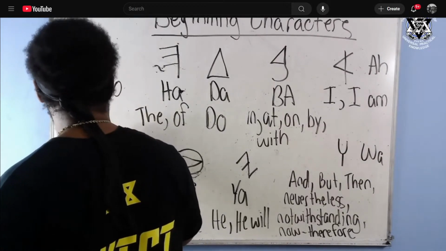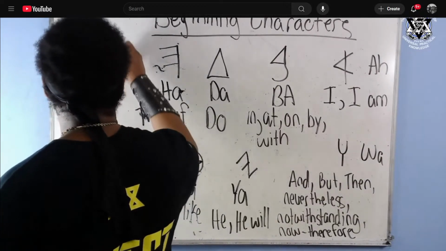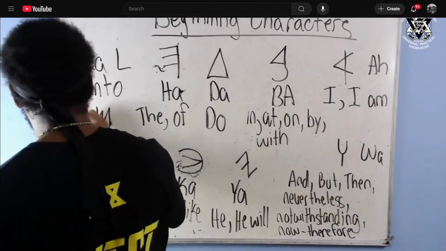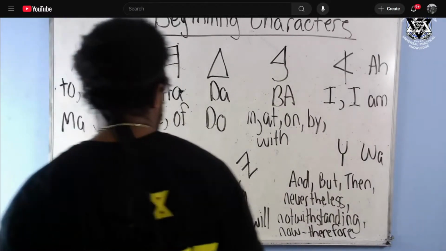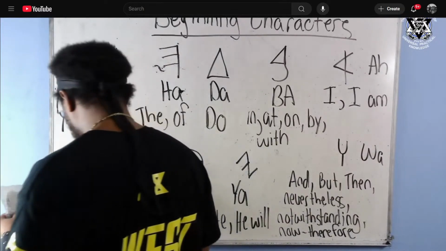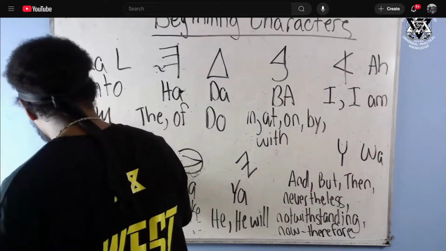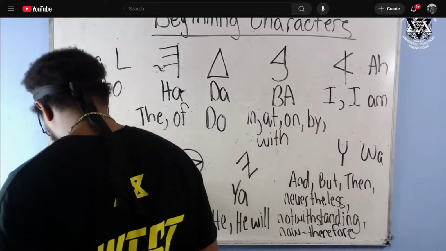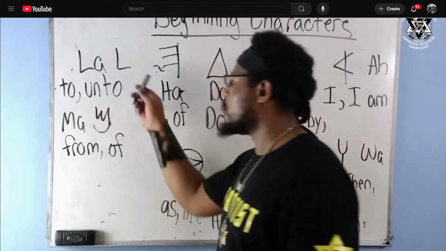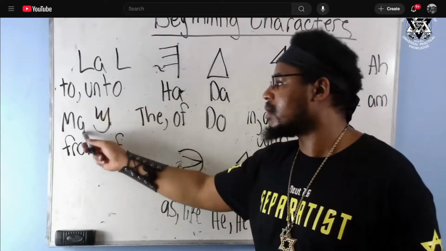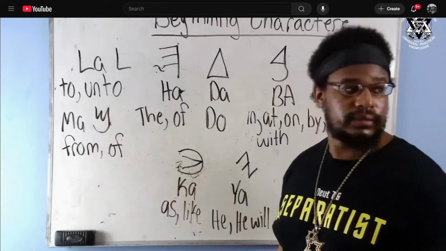Ma means from or of. So we got La, it means to or unto. Ma means from or of.